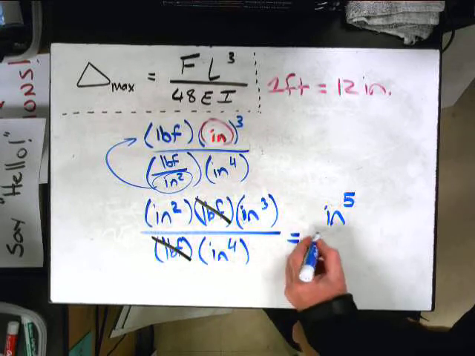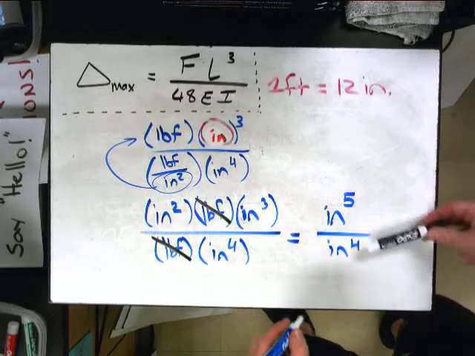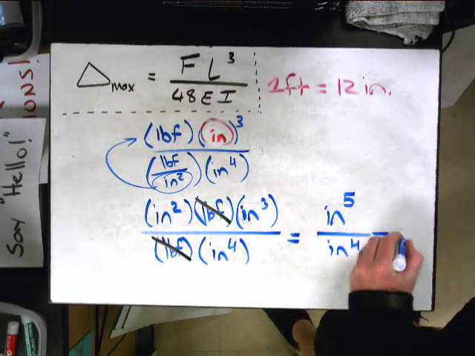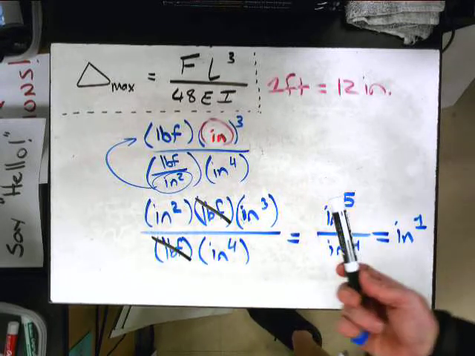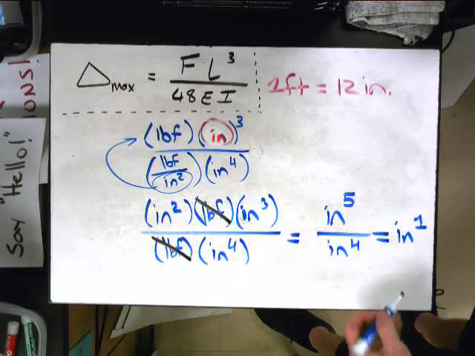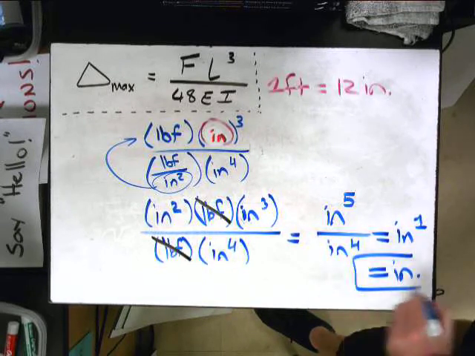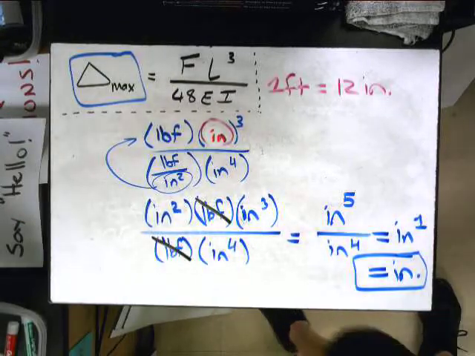On the bottom, I have inches to the fourth power. When you divide with exponents, you subtract. So 5 minus 4 gives you 1. We are left with inches to the 1 power. Anything to the 1 power, we generally don't write the exponent. So we just have inches. That is the unit of measure of my maximum deflection. That's how the units all work out.